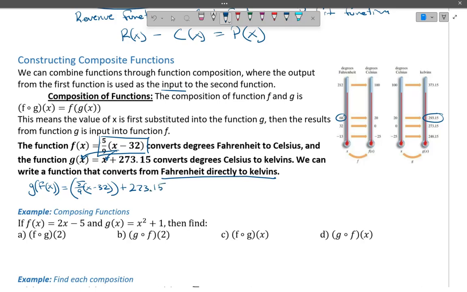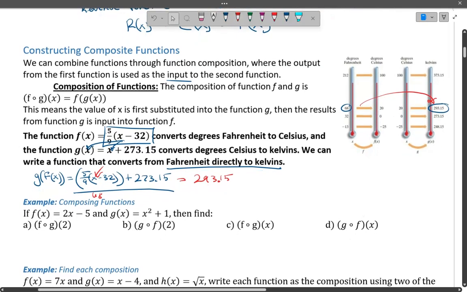And we can simplify and combine these together, but this gives me one equation where I put in an input value of Fahrenheit temperature, for example, 68 degrees, and then my output would take me all the way to 293.15 without having to stop at Celsius in the middle.